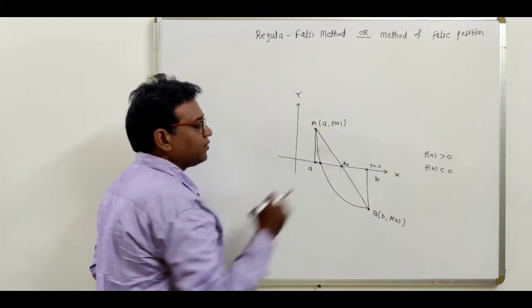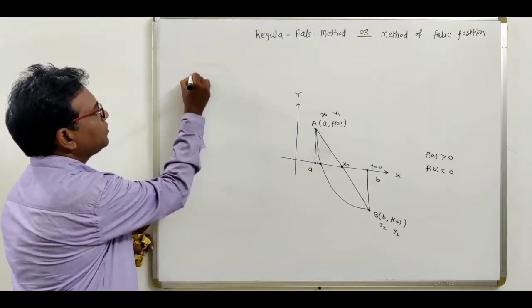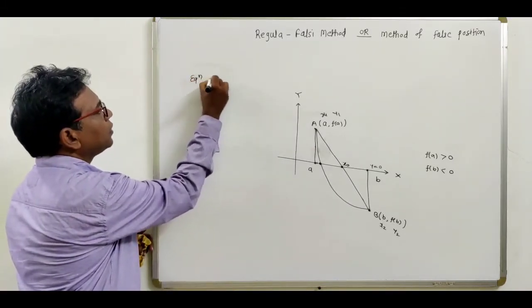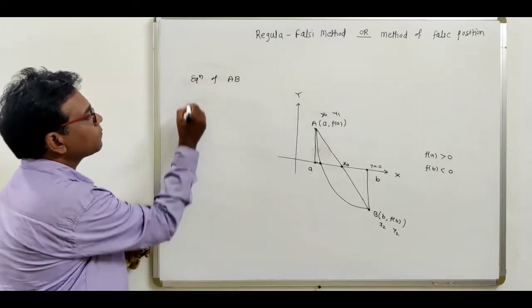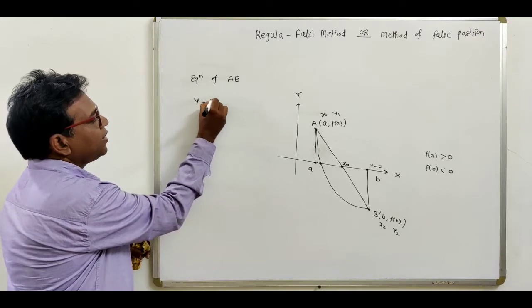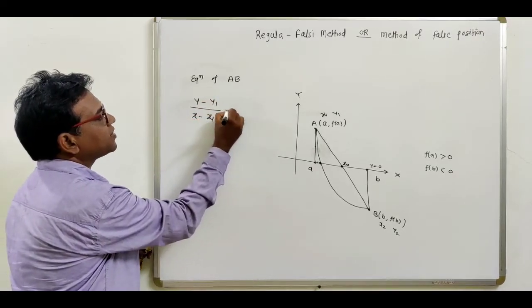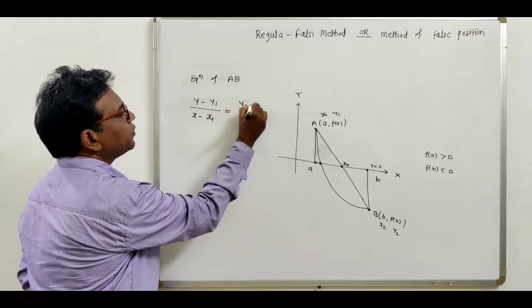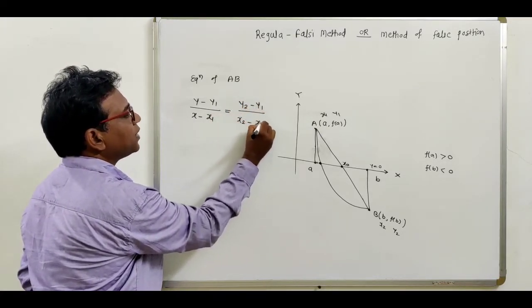So let us find the equation of this line. What is the equation of AB? Right here, the equation of this chord AB, this is the formula: (y - y1)/(x - x1) = (y2 - y1)/(x2 - x1).